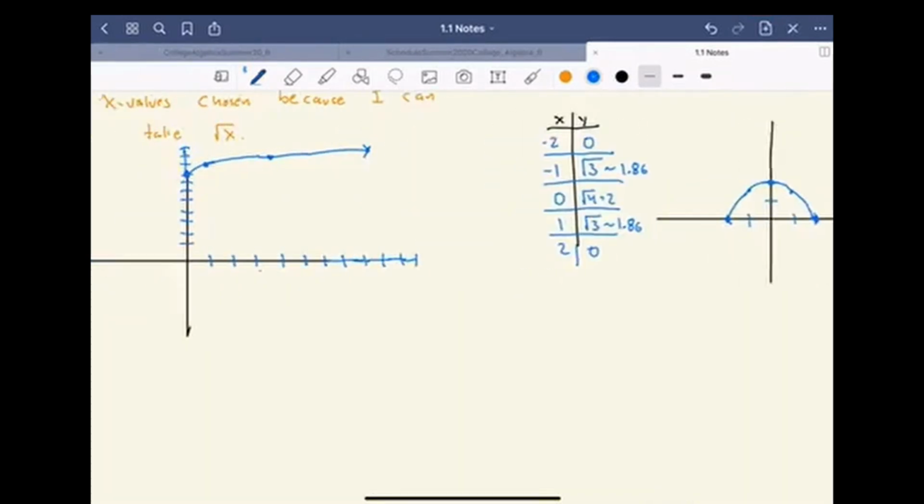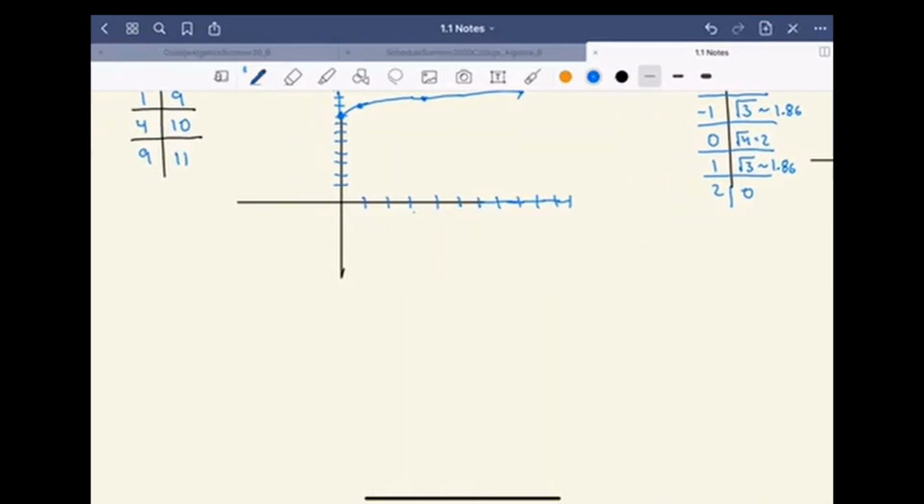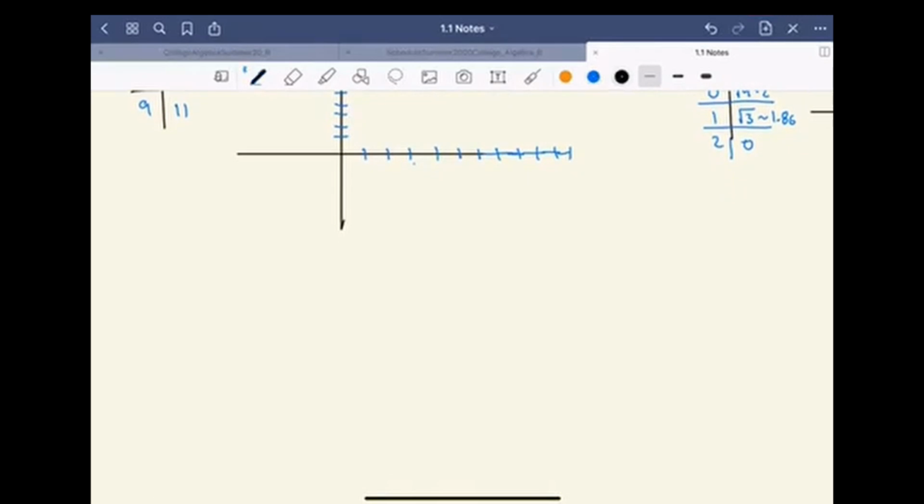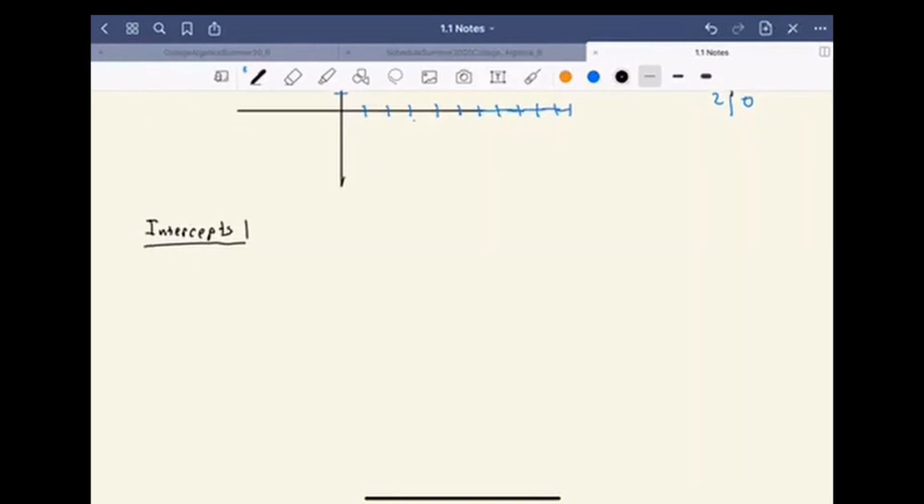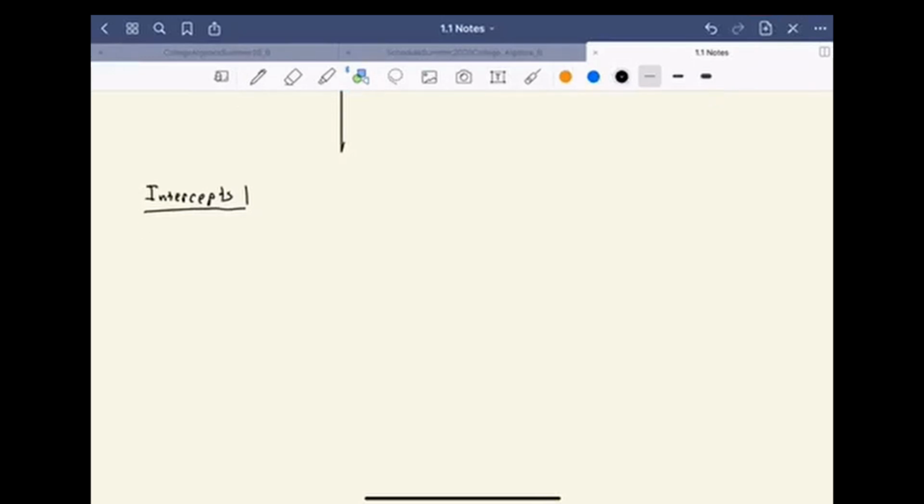Next thing we're going to learn about is intercepts. So let's say we have some equation, so some graph representing an equation.